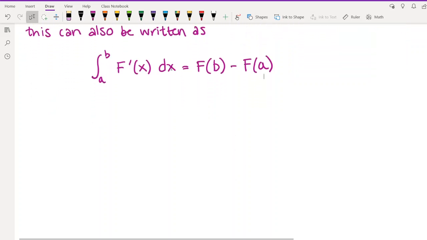So let's look at an example of a situation where we have a real world rate of change and try to interpret what that would tell us in terms of evaluating the integral.